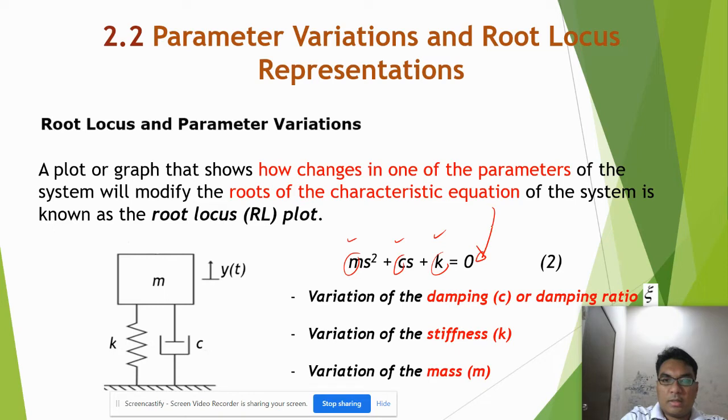This is called the characteristic equation. So it will be different, and it will also generate a different root locus plot. We can have three conditions with different damping or damping ratio, stiffness, and also mass.